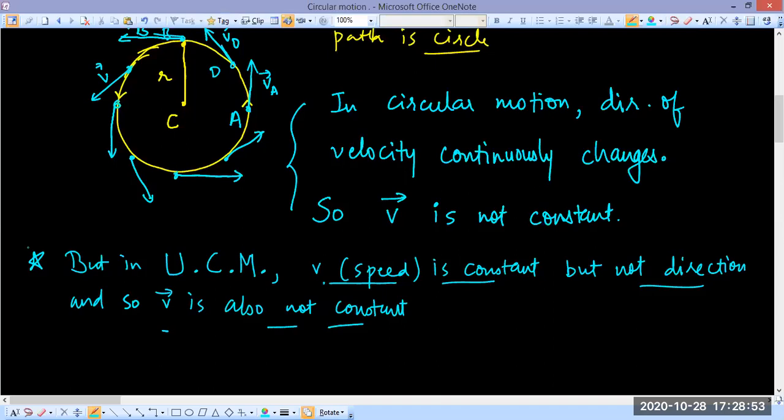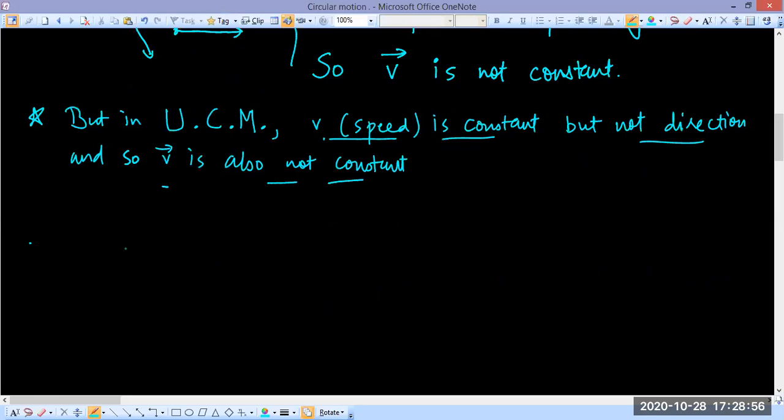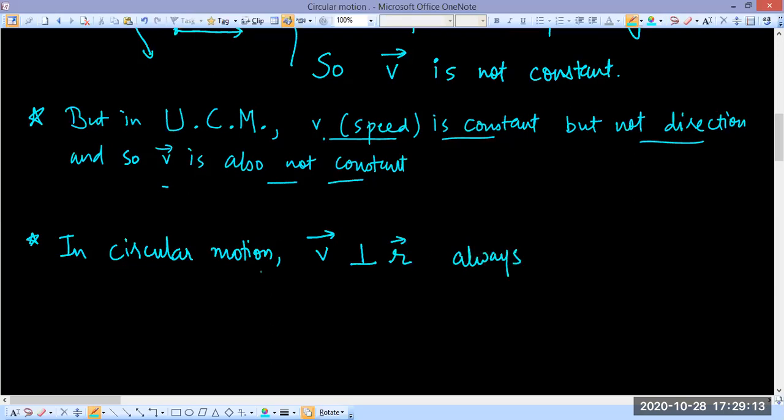Second important thing to remember, in circular motion, this is a geometry property from 9th/10th maths. In a circle, tangent is always perpendicular to radius. You used to learn this, in a circle tangent is always perpendicular to radius.